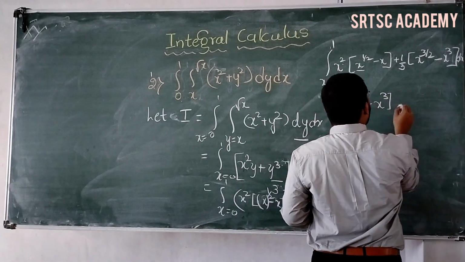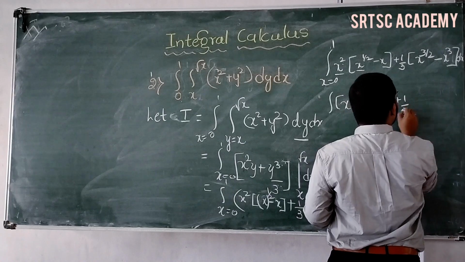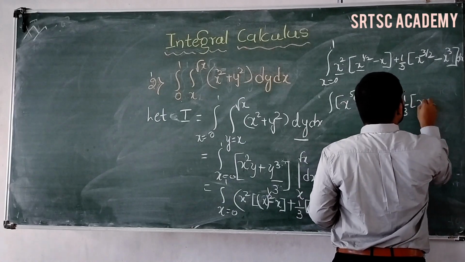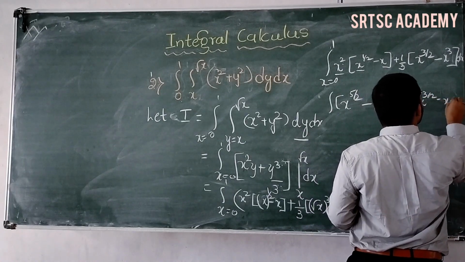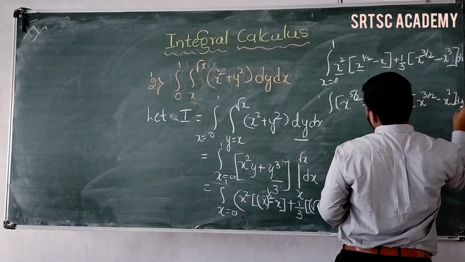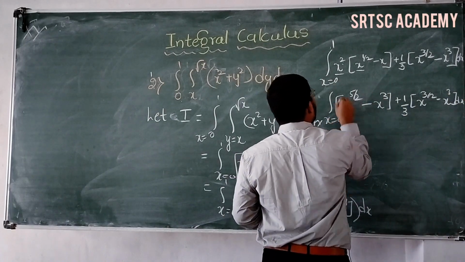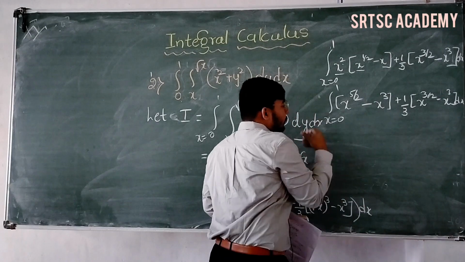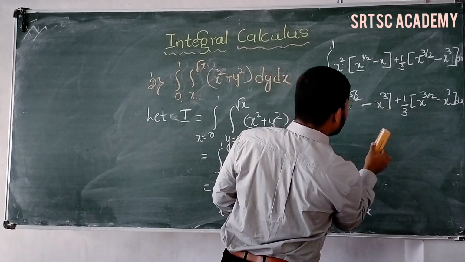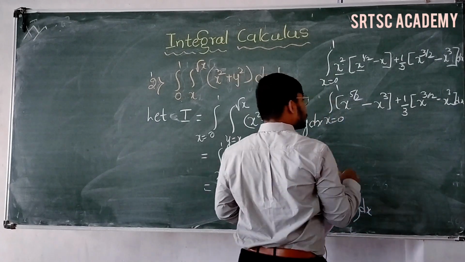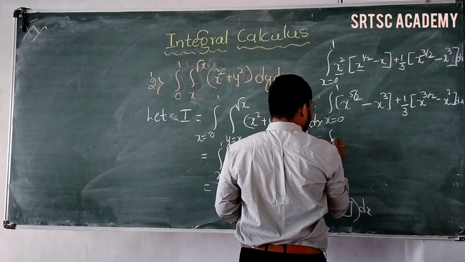here, and 1 by 3, x to the power 3 by 2 minus x cube dx, with x varying from 0 to 1. After this, the simplification is over. Then I can write it as an integration.